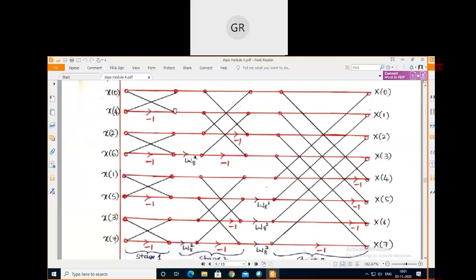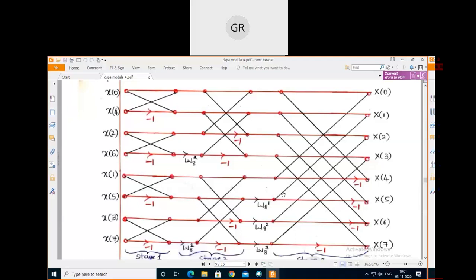Just remember how we can construct the butterfly. In the first stage, separate 2 inputs. In the second stage, you consider 4 inputs: first and third, and second and fourth. Using that, you construct the butterfly. In the third stage with 8 inputs, the first line and fifth line, second line and sixth line, like that.